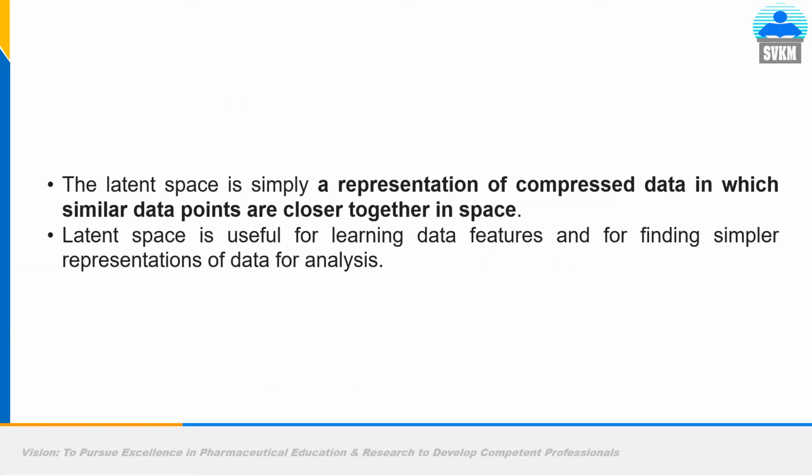The latent space is simply a representation of compressed data in which similar data points are closer together in the space. It means there are different clusters in latent space. Those points which have similarity will be in close proximity. Latent space is useful for learning data features and for finding simpler representations of data for analysis.